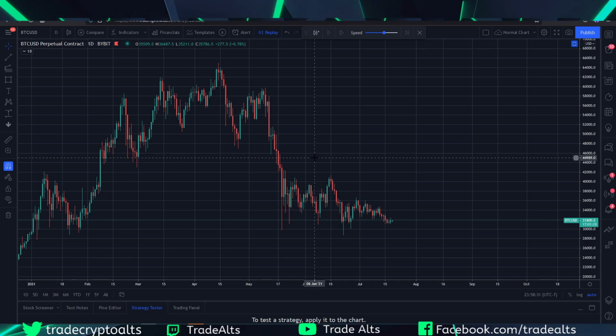Like the way that the parameters are set, they've been doing relatively well. I mean, again, when you have this kind of chop, especially for short bots, considering we keep testing the range lows, those have done pretty well overall.